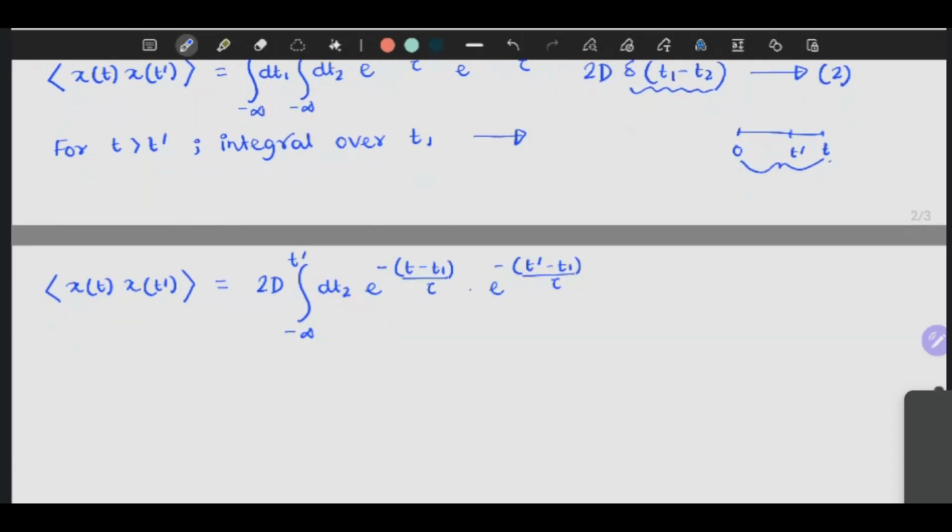Okay, so now if you integrate it, this will be t2 because t1 will be replaced by t2.